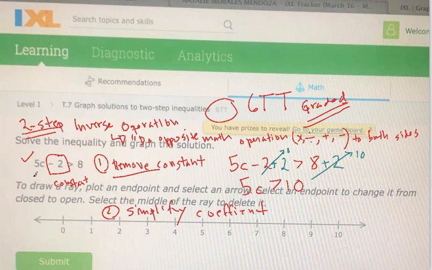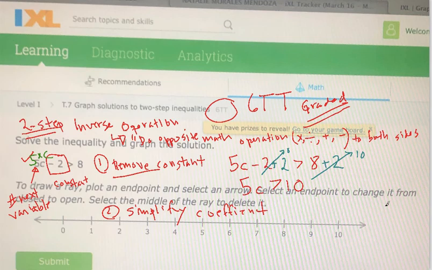Remember, the coefficient is the number that is next to the variable. Sometimes it's underneath the variable, sometimes it's right next to it, but there's math happening right here. Right in between, when you have 5c, that's really 5 times c. The variable c is a number, and there's math, 5 times c.